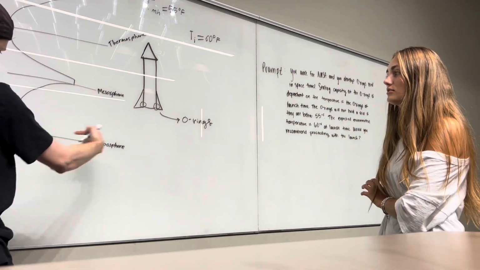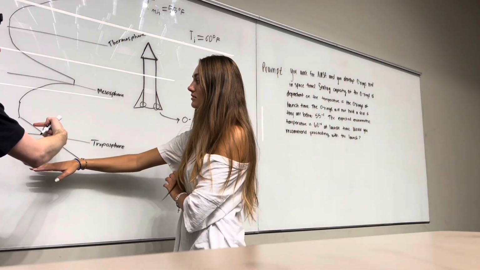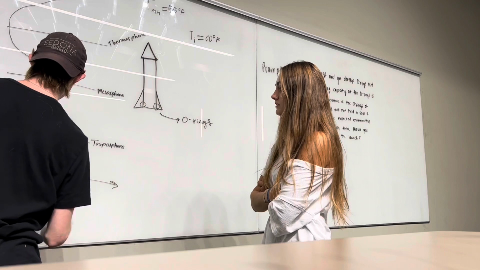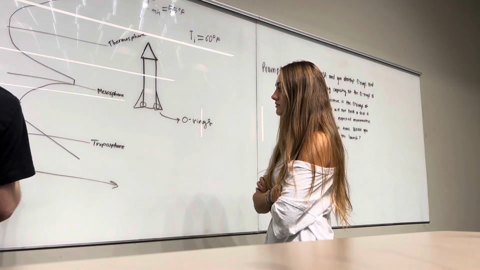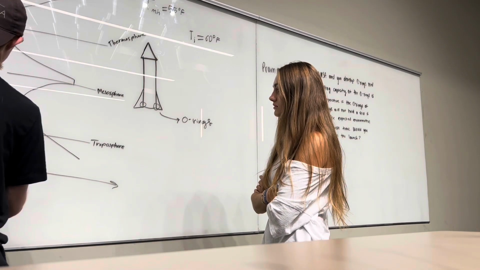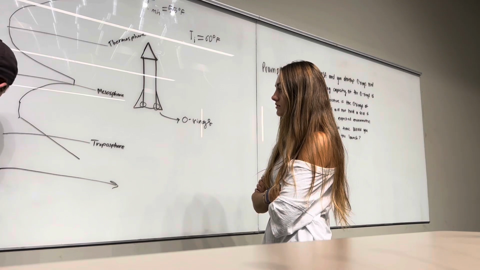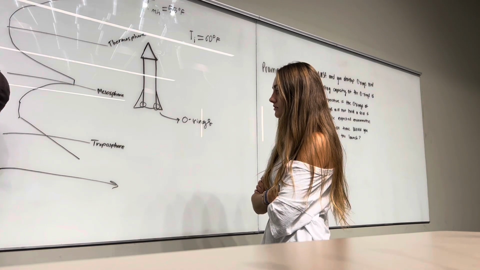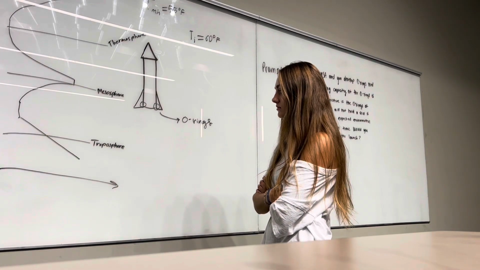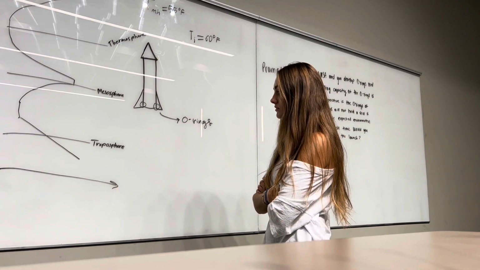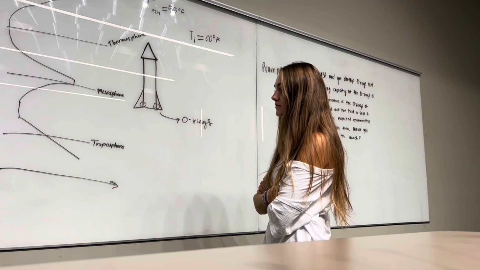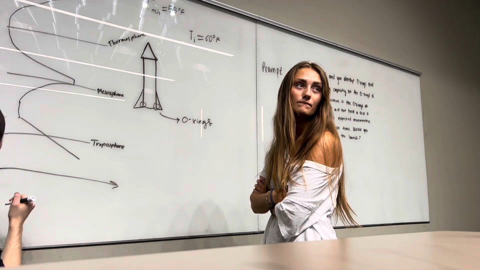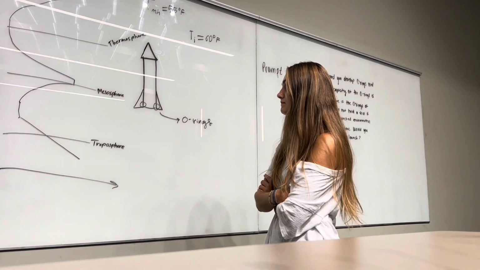And this is colder. Yeah. And our altitude, I guess, is going to start at 0, ground level, and then for maximum height, it is about 100 kilometers up. Up here. Yeah.